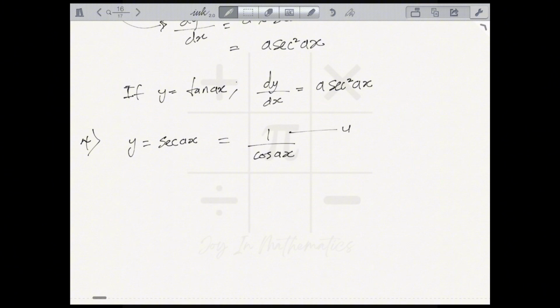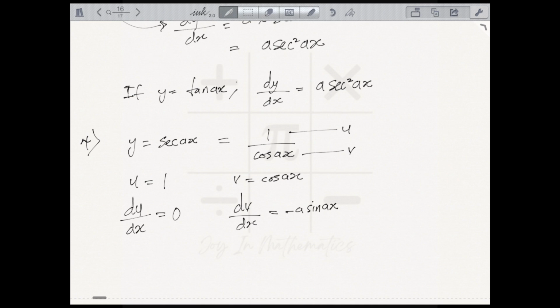So we can say this is u and this is v. So u is equal to 1 and v is equal to cos ax. Then our du dx is 0, since differentiating a constant gives 0, and our dv dx, once we differentiate cos ax, is minus a sine ax.